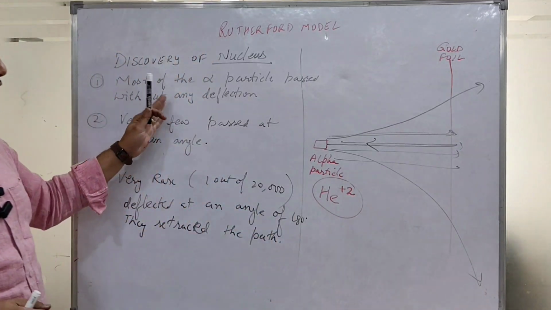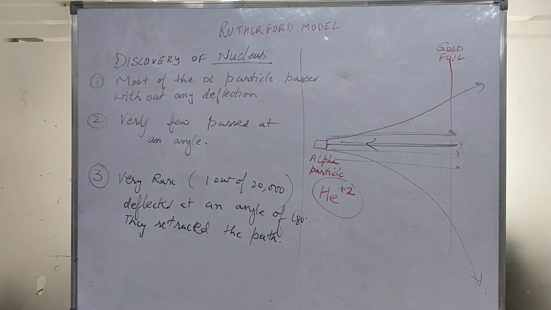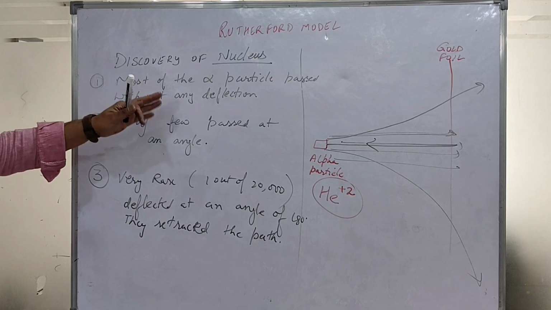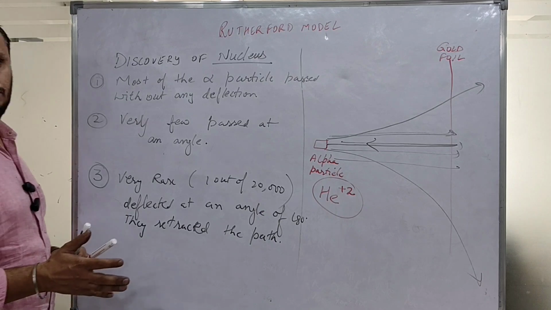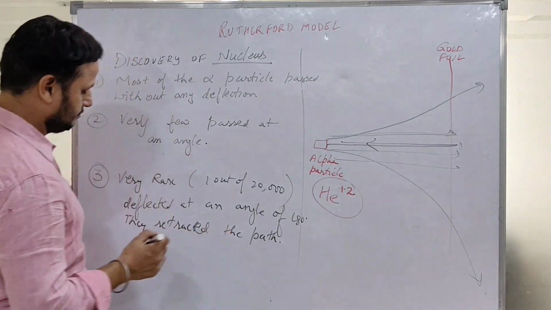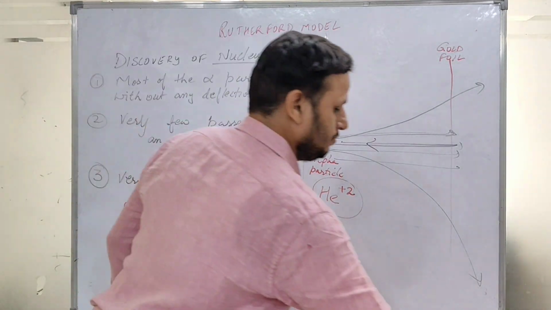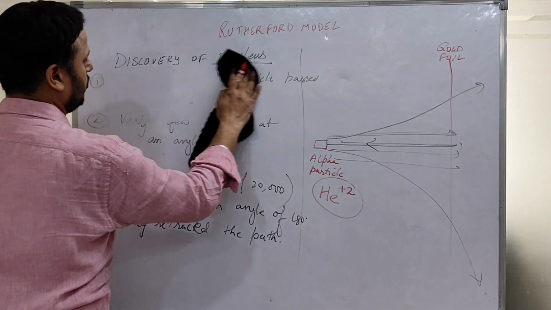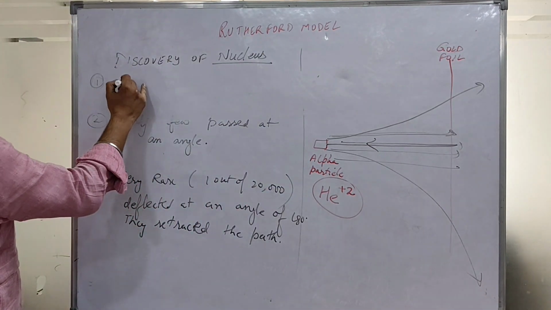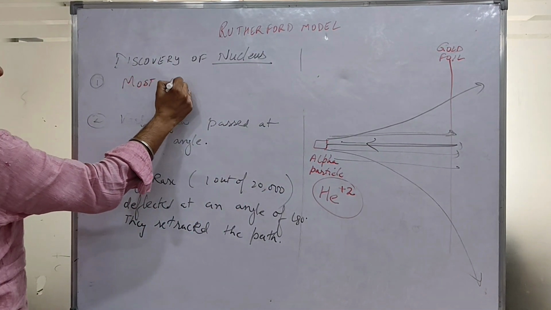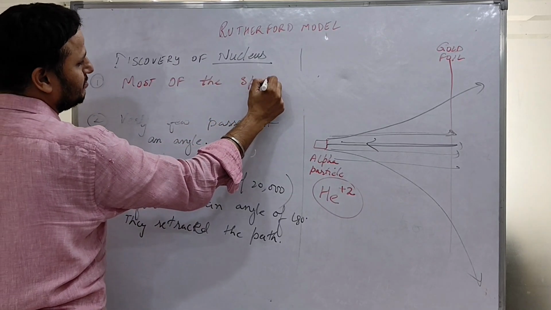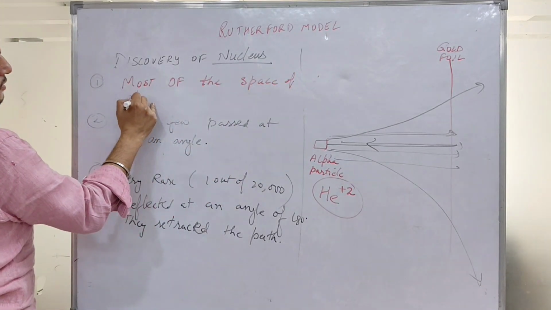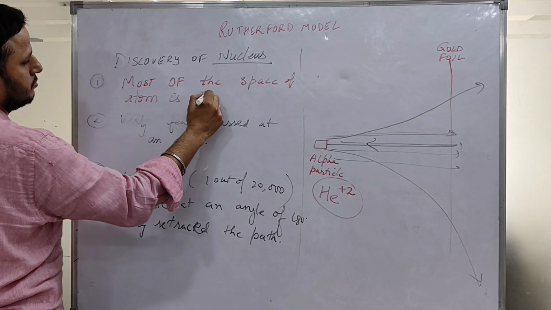Now we are coming to the conclusions. Most of the alpha particles passed without any deflection. What conclusion does it give? Most of the space of the atom is empty.